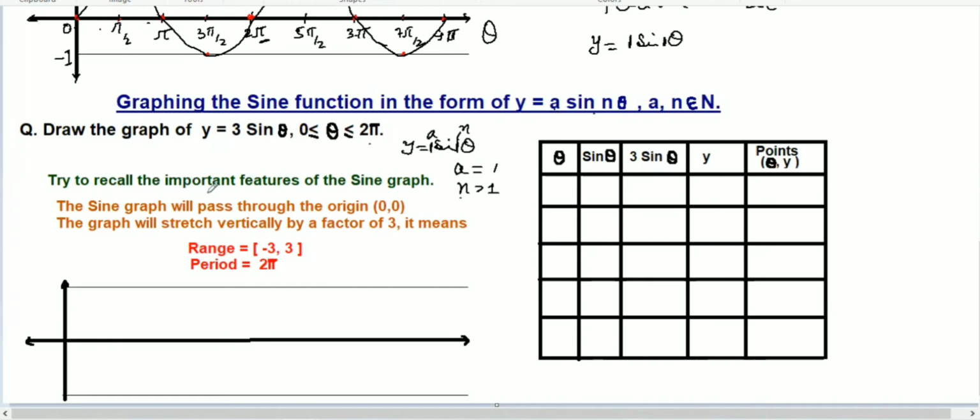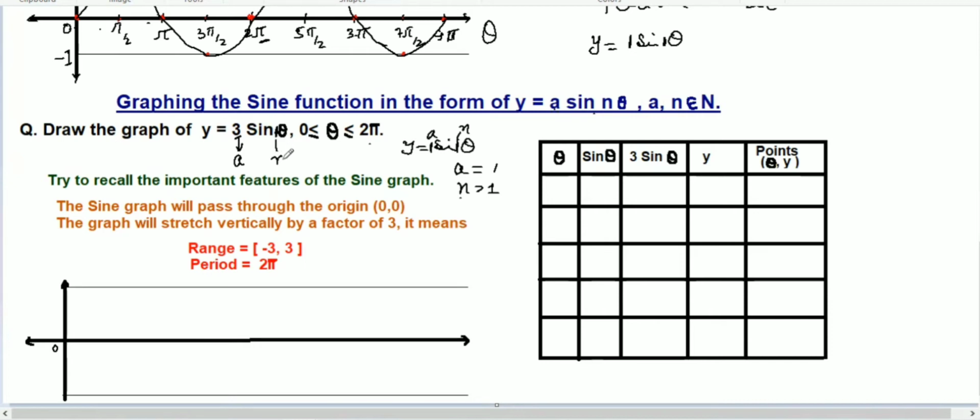So try to recall the important feature of the sine graph here. We know that the sine graph will pass through the origin. So this graph also passes here, it will cross the origin. The graph will stretch vertically by a factor of 3. This 3 is your a, and here n is 1.